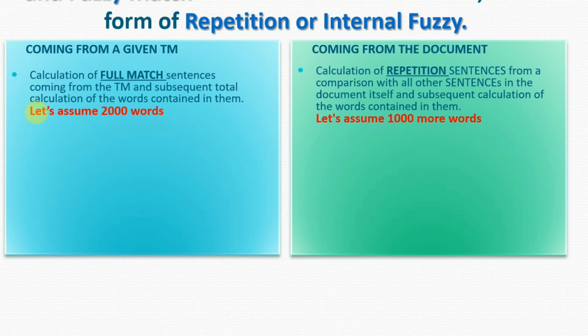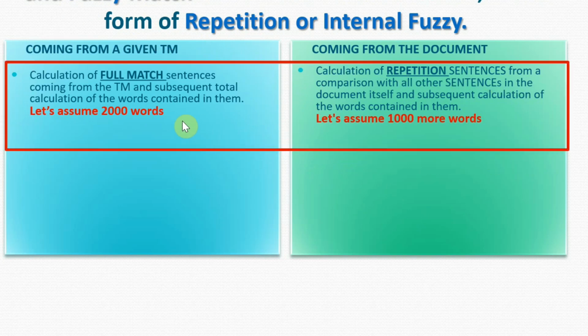So we have 2,000 words full match and 1,000 words repetition. Those two matchings are considered to be in the same category because I don't have to translate full matches at all because they are already identical, and I don't have to translate repetitions because they are already identical.